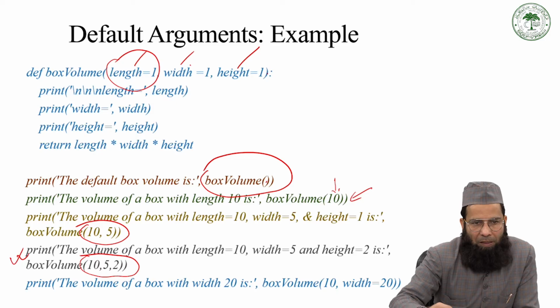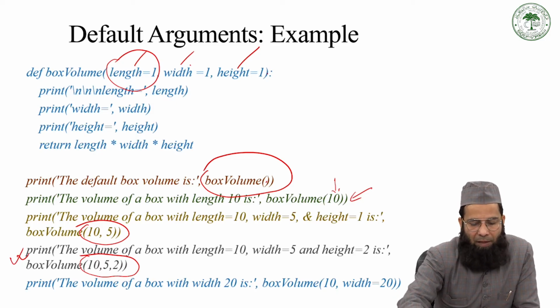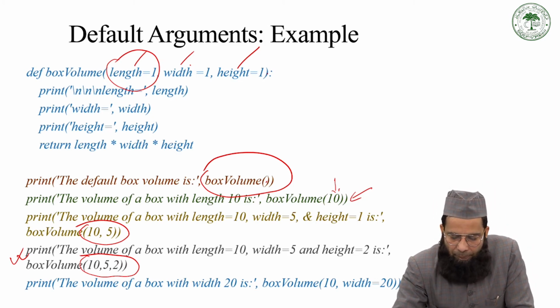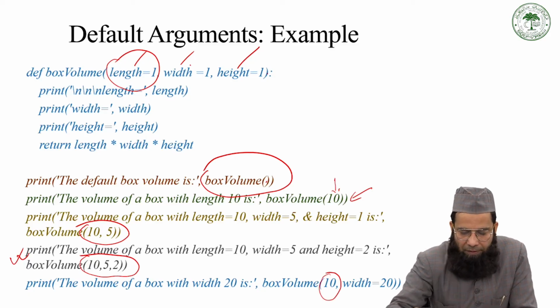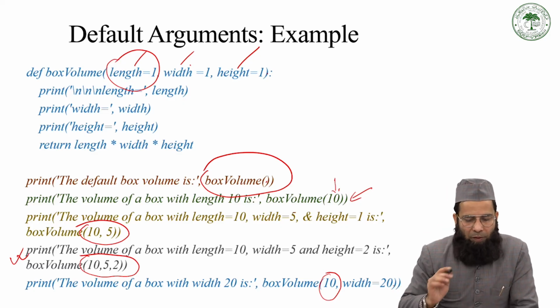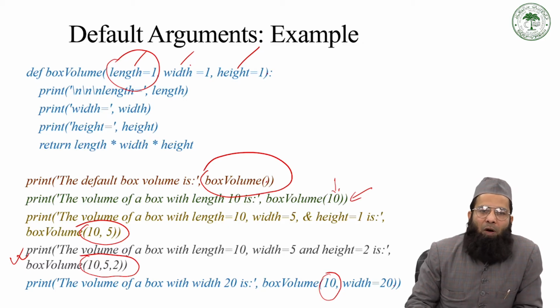So length would be 10, width would be 5, and height would be 2. Now consider one more case where we are passing 10. 10 will be passed to length, and width will be 20, and height would remain 1. In this way, we pass the default argument.